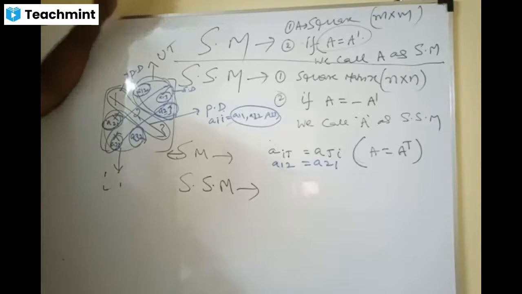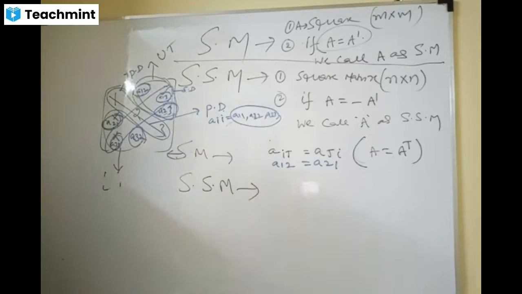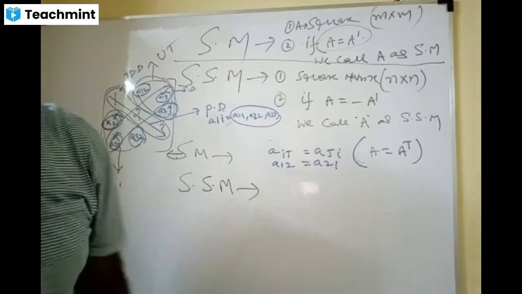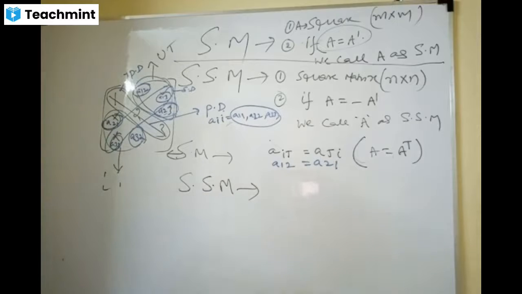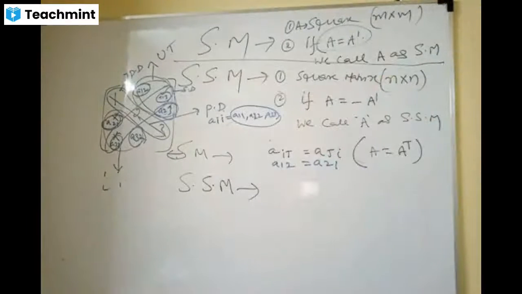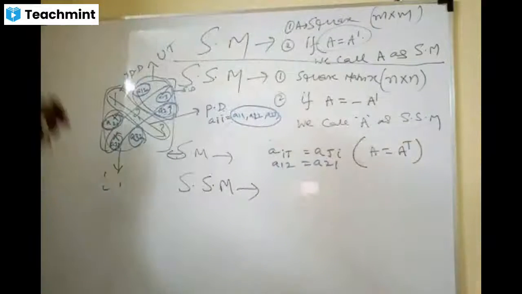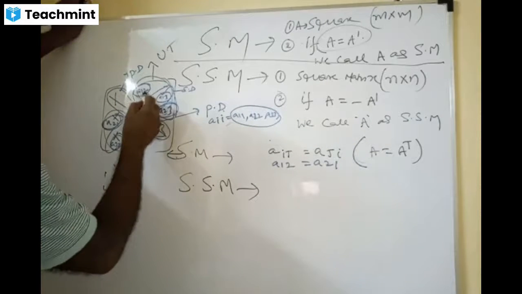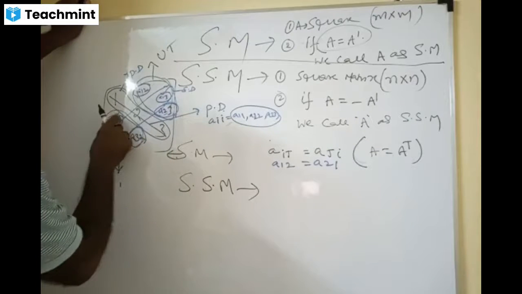I hope you are all able to see and understand what I mean, right? Clear? That means what? If I fold it now, A12 will be equal to this one.